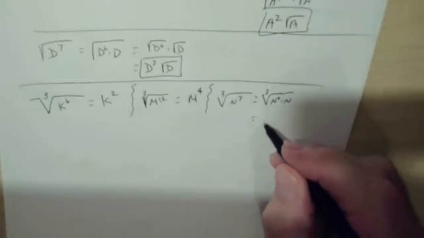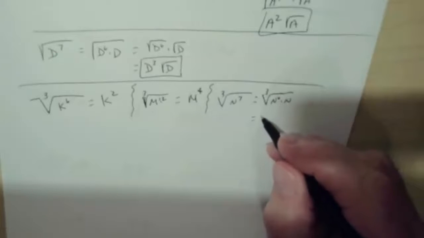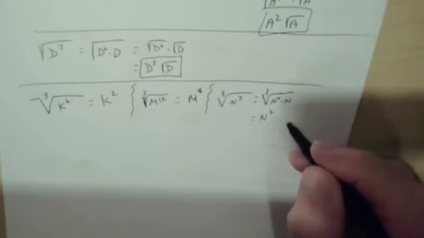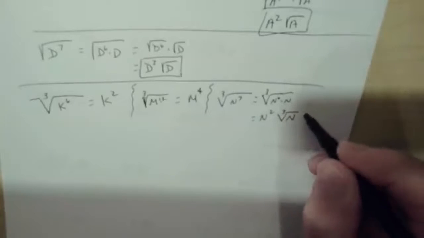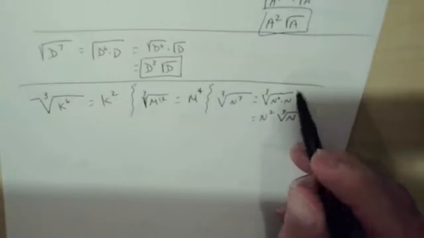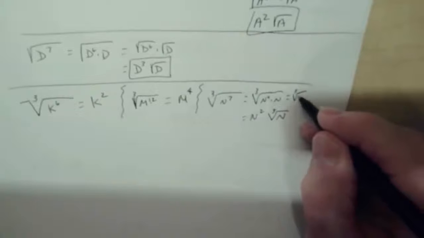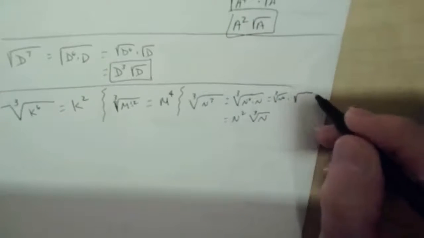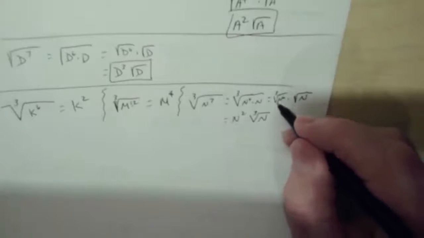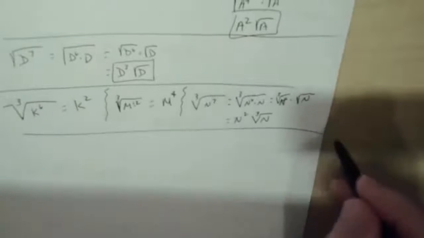So this is going to be 6 divided by 3 is 2. So we have n squared times the cube root of n. What we did here is we took the cube root of n to the 6th times the cube root of n. Okay.